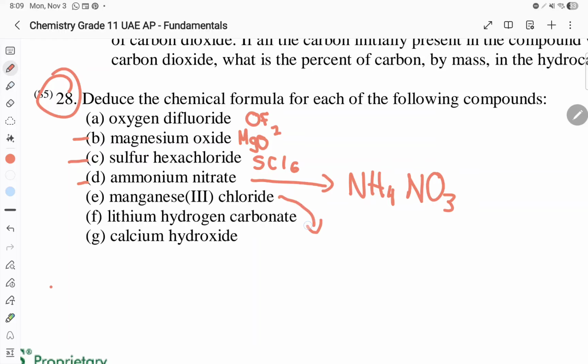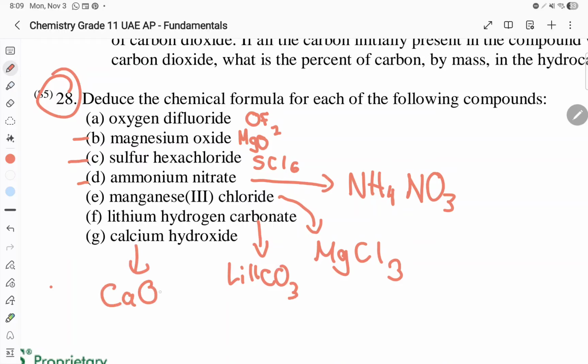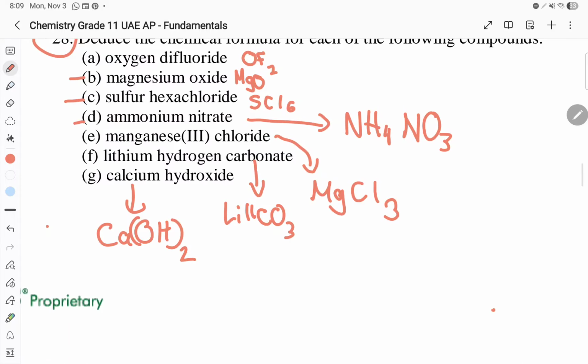Magnesium chloride, which means MgCl3. Lithium hydrogen carbonate is just LiHCO3. Calcium hydroxide, CaOH2. You're gonna say, why OH2? It's because Ca is 2 plus, OH is minus, so it's the crisscross method.